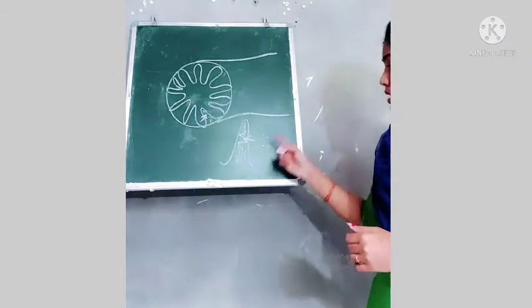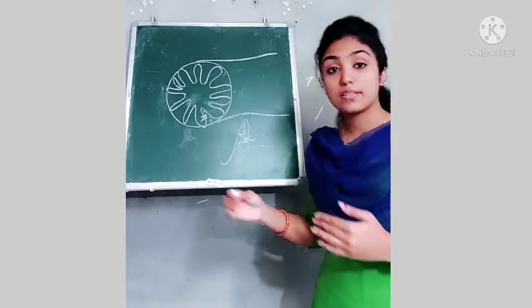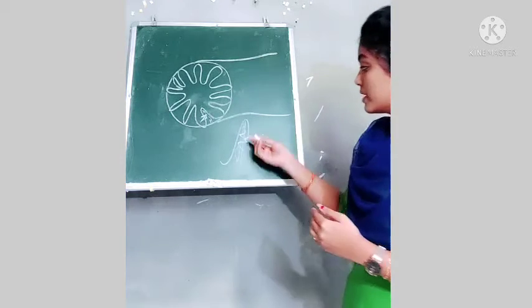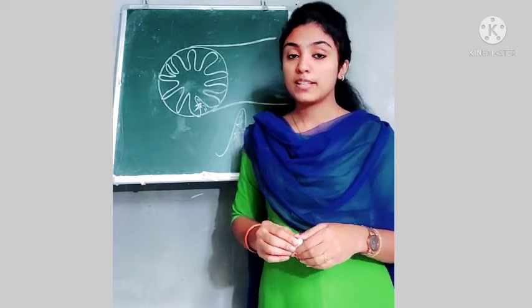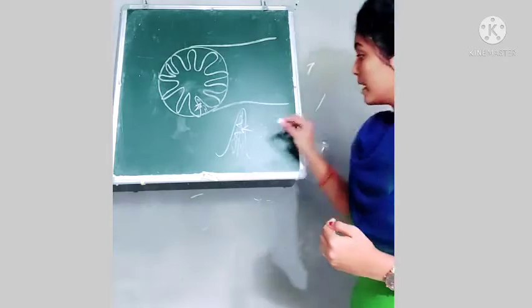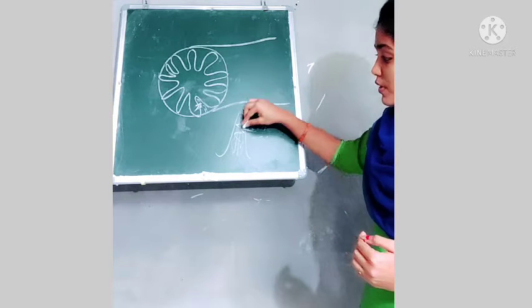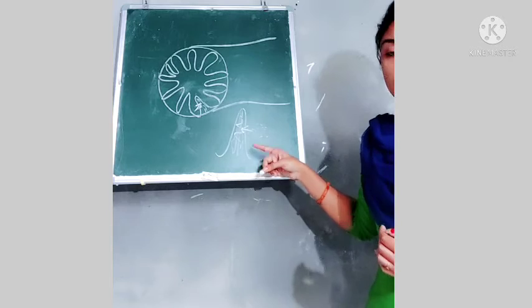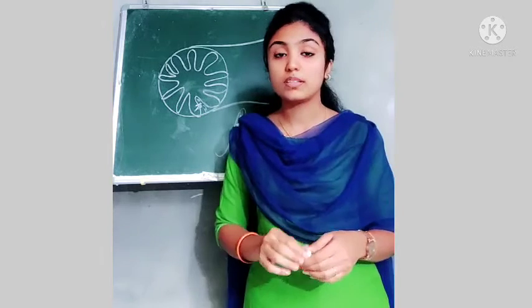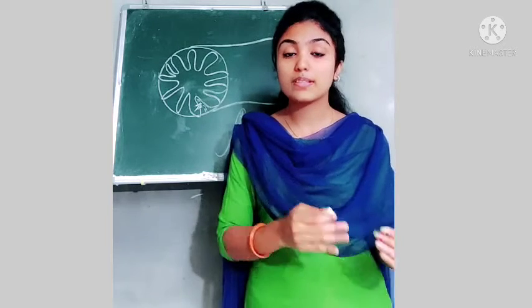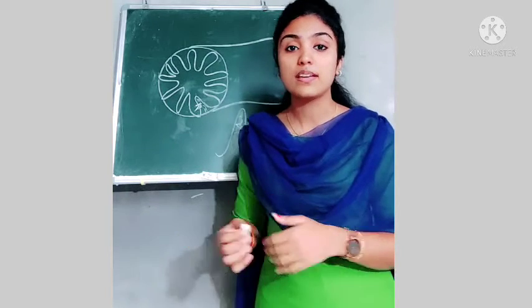So, how are these molecules able to enter into these blood capillaries and lacteal? How is this movement possible? There are several mechanisms behind the movement of molecules from the external environment into the blood capillaries and lacteal of the villus. Today we are discussing the different mechanisms behind the movement of simple nutrients into blood capillaries and lacteal.